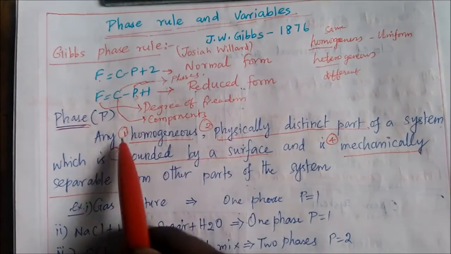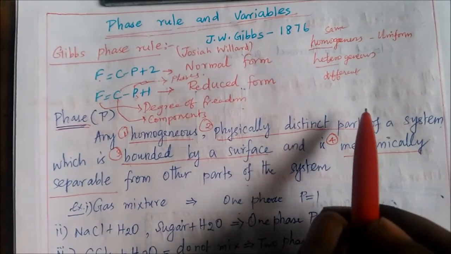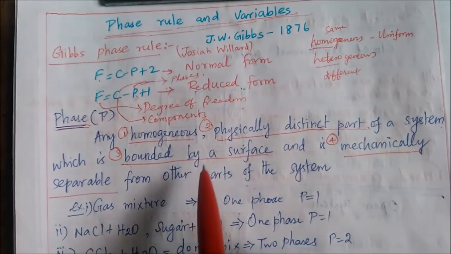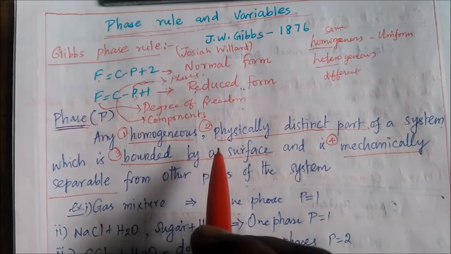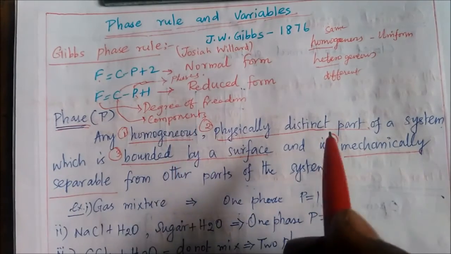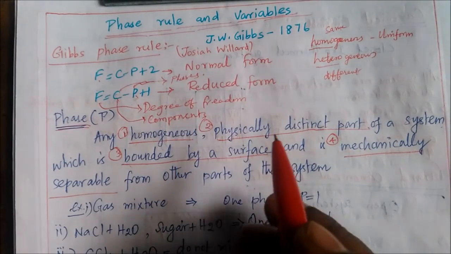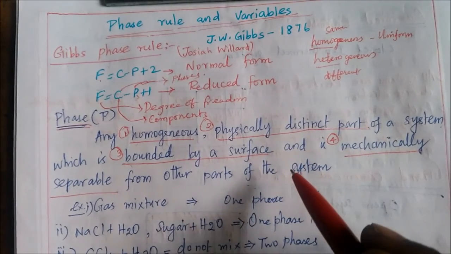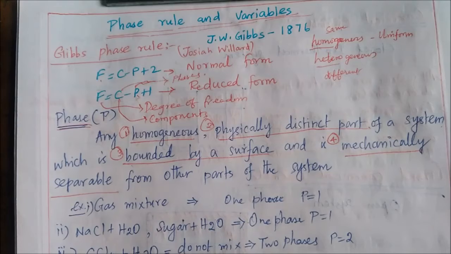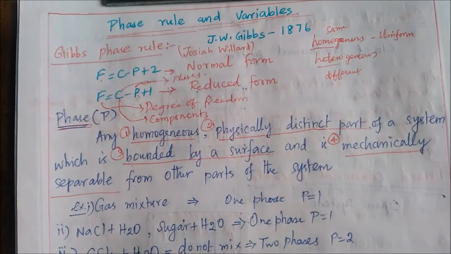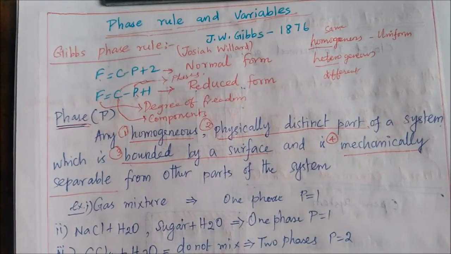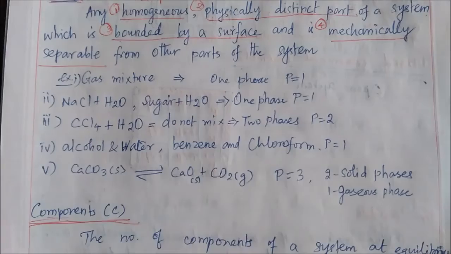If a system consists of different materials and they obey all these 4 points, then we can say that all the parts constitute phases. We can understand clearly when we see some examples. So now we are going to discuss the examples.